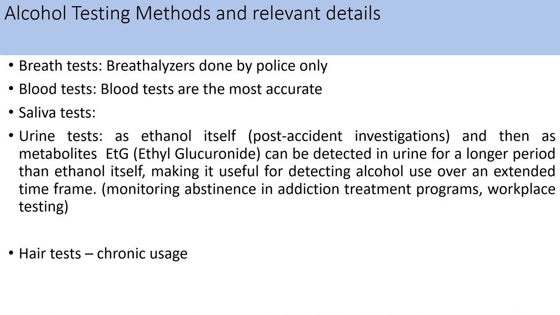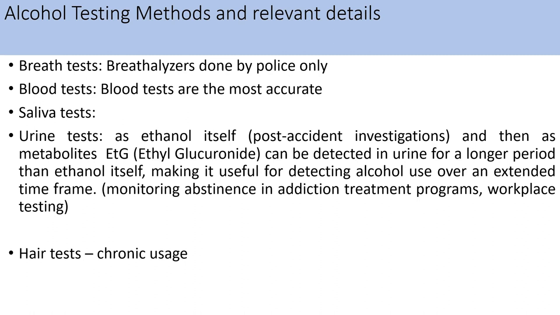So if it's an acute case, you know what to test now. Moving on to the urine tests, as we have described, there are two ways of elimination of alcohol via urine, metabolized and not metabolized. If you are going to test the unmetabolized way, such as ethanol itself, it is useful in post-accident investigations.